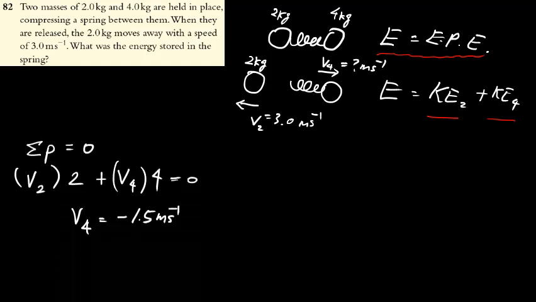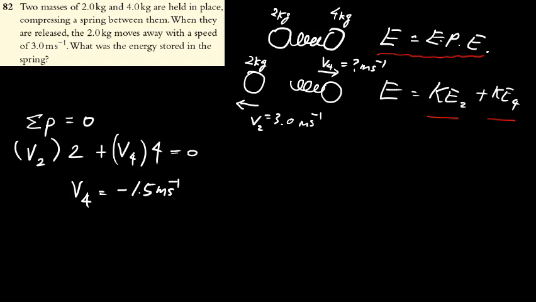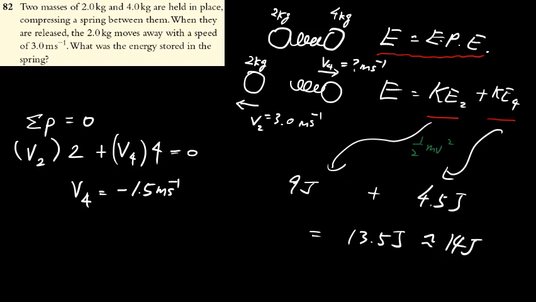Through this, you should know that the momentum is still, of course, conserved here since there's no external force. So you should be able to find that the velocity of the 4 kg one is negative 1.5 meters per second.